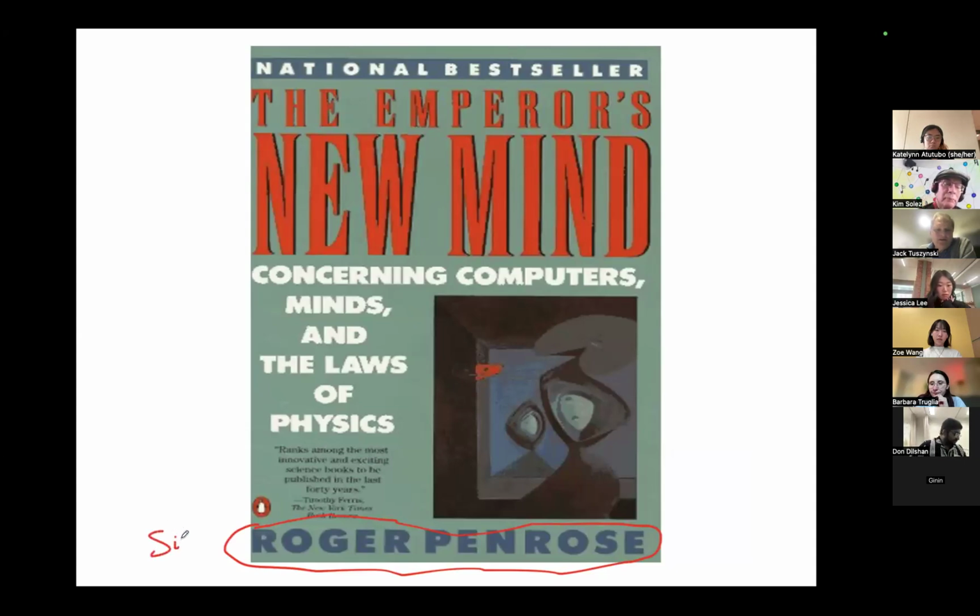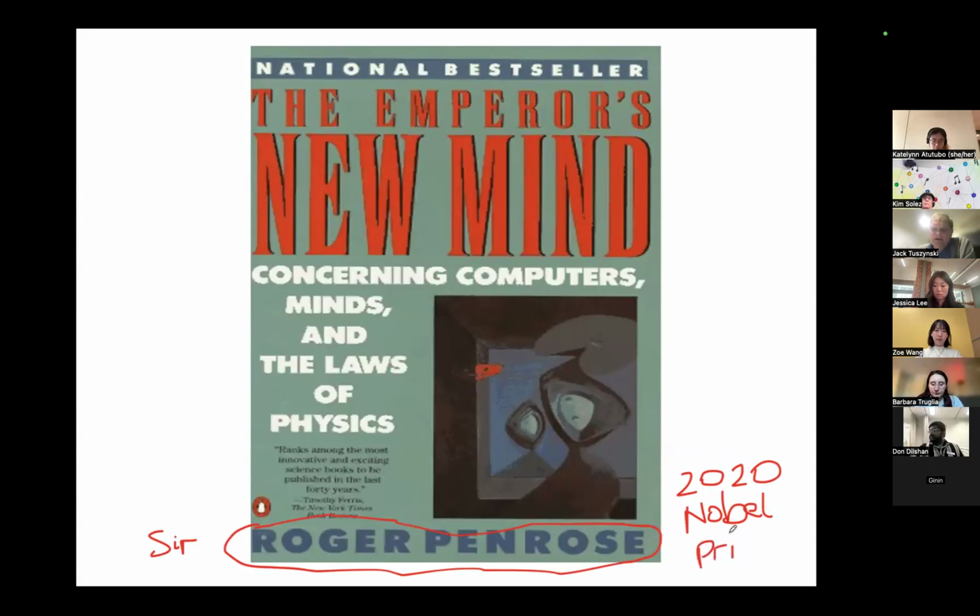He is a professor emeritus, I believe, at the University of Oxford, and recipient of the 2020 Nobel Prize in Physics. So very respectable, in fact, maybe one of the most famous scientists alive. He received the Nobel Prize for something else, for his contributions to cosmology, mainly.